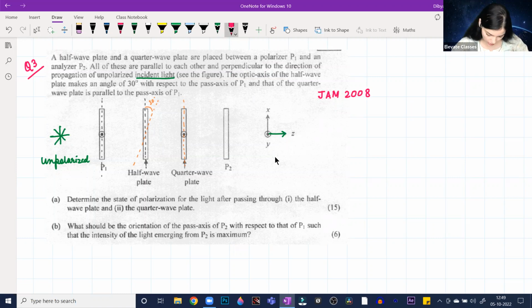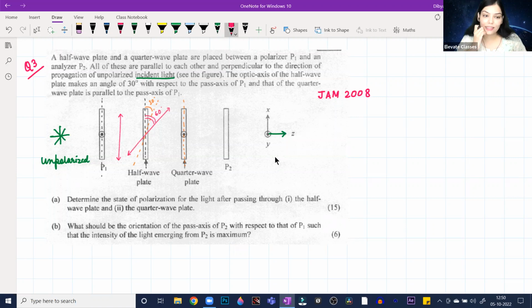I will get output light which is parallel to the pass axis of P1. ठीक है. अब उसके बाद क्या है, मेरे पास एक half wave plate है. तो हमसे पूछा है कि you have to find out the state of polarization of the light after passing through the half wave plate. ठीक है. So half wave plate क्या करेगी, it will just rotate the plane of polarization by 60 degrees. तो पहले plane of polarization was parallel to x axis. अब half wave plate क्या करेगी, it will rotate it like this. It will rotate it by 60 degrees.